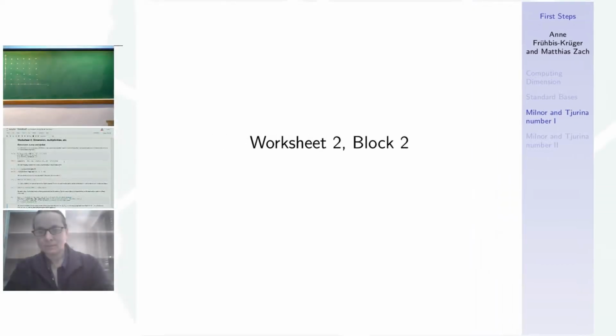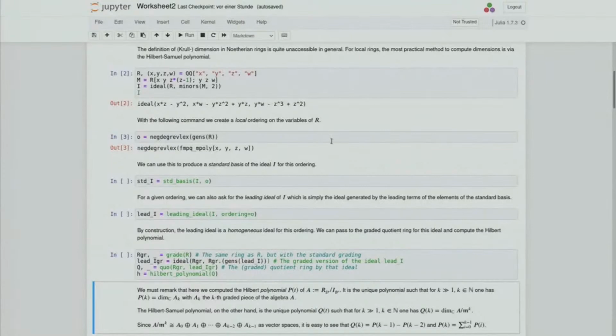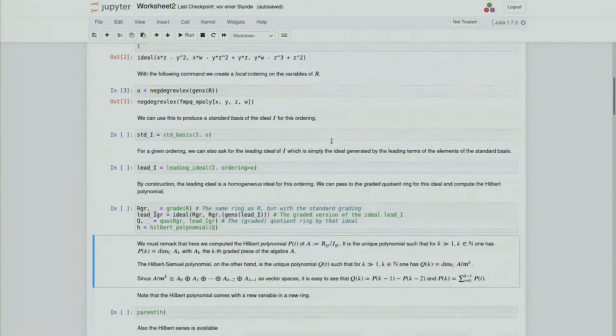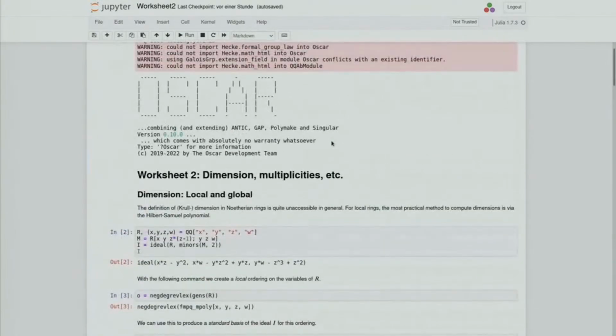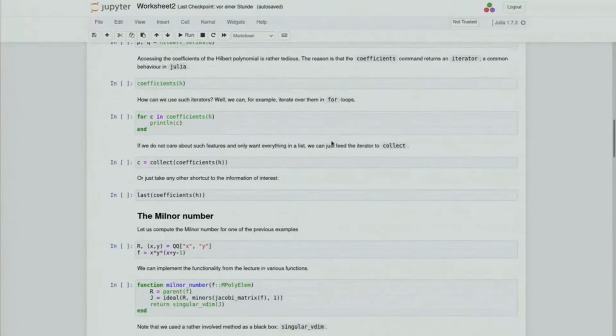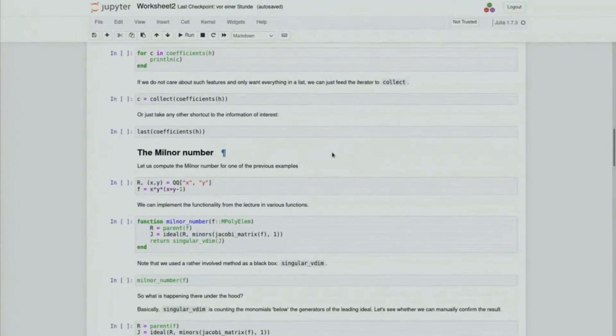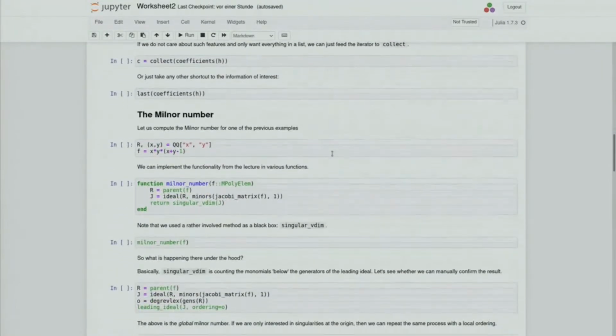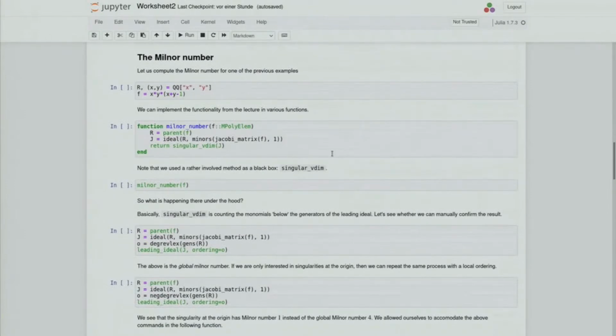Thank you. So let's find the part of the worksheet where this becomes relevant, or where we pick up on this. This is worksheet number 2. And yesterday we saw the dimension discussion. So here we have computations of the Milnor number, what Anne has said in the beginning. Let's make this a little bigger.